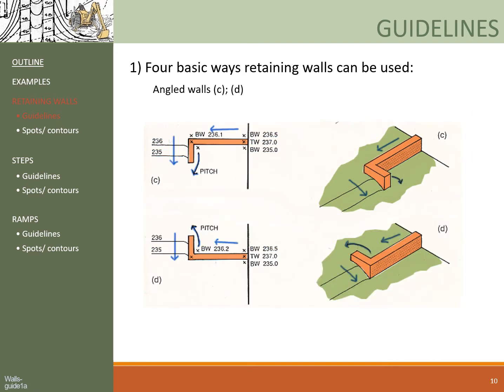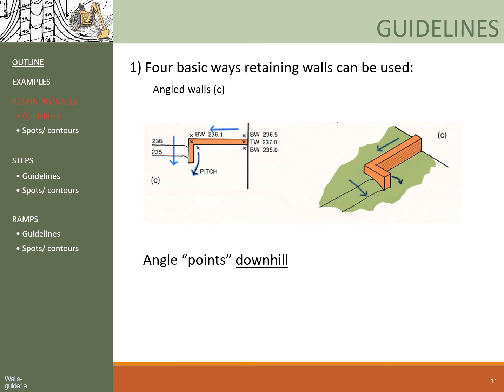The other 2 types of basic retaining walls are angled walls. One type of angled wall has its angle pointing downhill, creating a flat space that is lower than the area on the other sides of the wall. Okay?